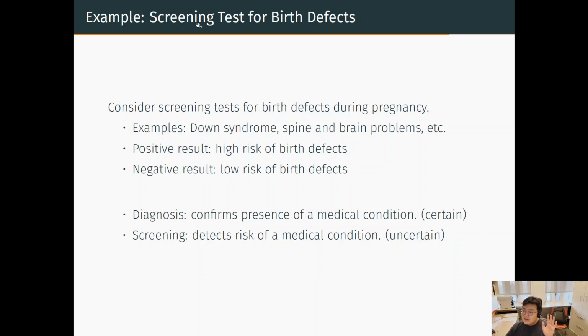It does not confirm the abnormalities, but it is detecting the probability, right? That's the difference between diagnosis and screening. Diagnosis is confirmation. It's 100%. If I have a disease, then a diagnosis is made. But if I'm at risk of something, but that is unknown, uncertain, then we call that screening.